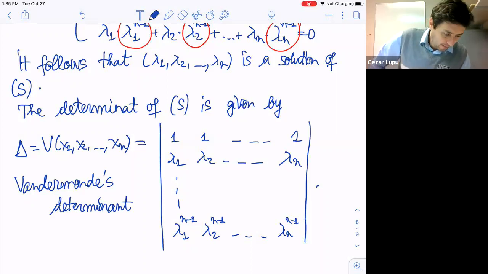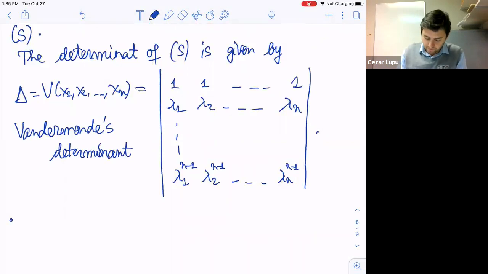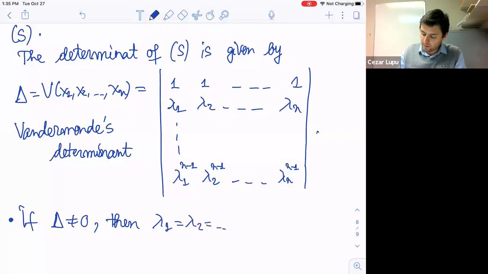Okay. Now we have two options. If the determinant delta is non-zero, then the only solution we have is the null solution, so lambda 1 equals lambda 2 equals lambda n equals 0.